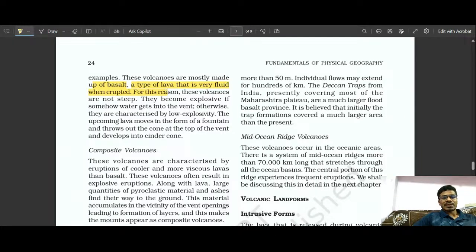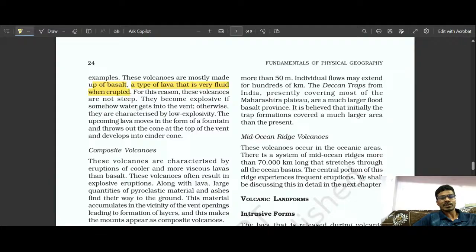A lava that is very fluid when erupted. For this reason, these volcanoes are not steep.